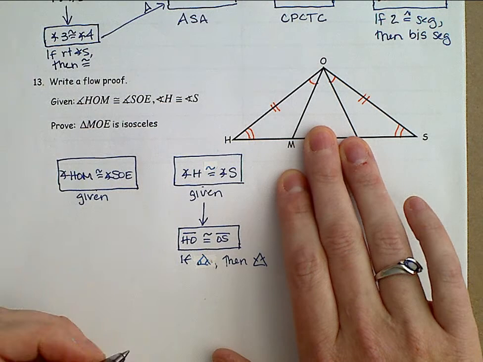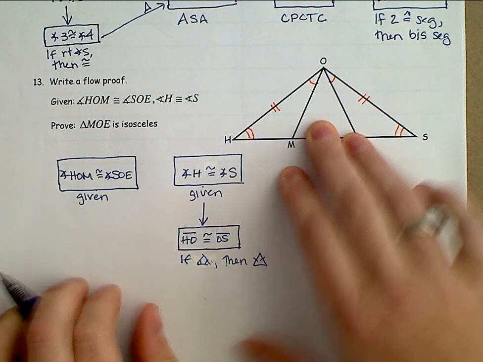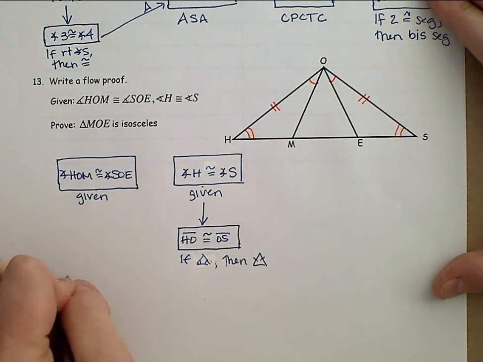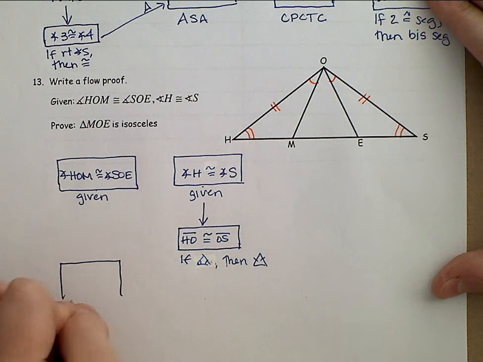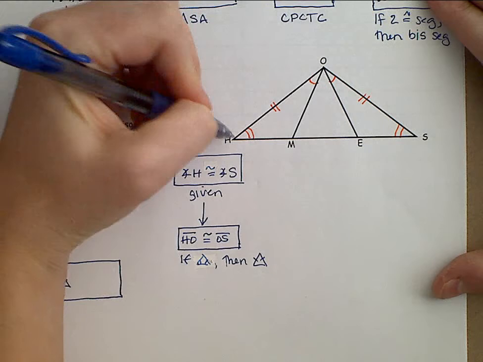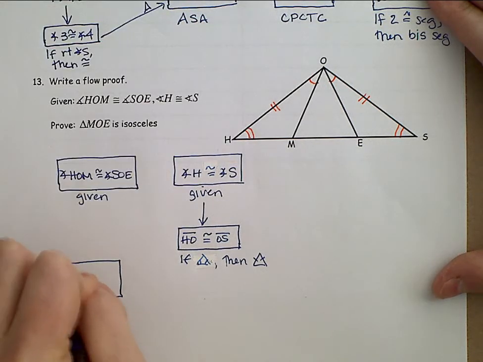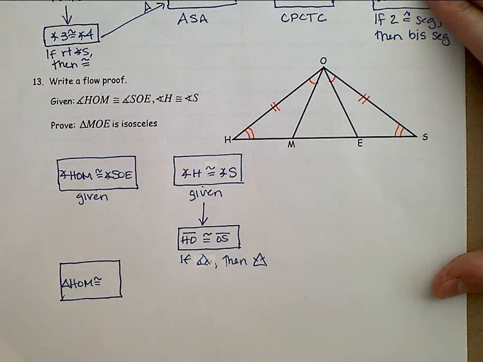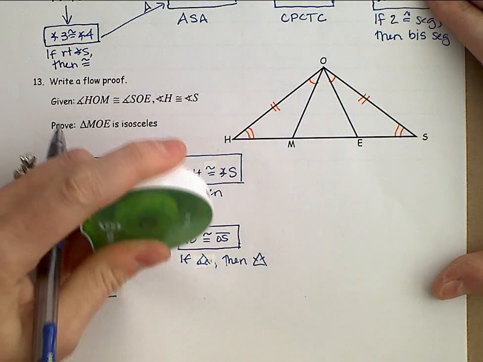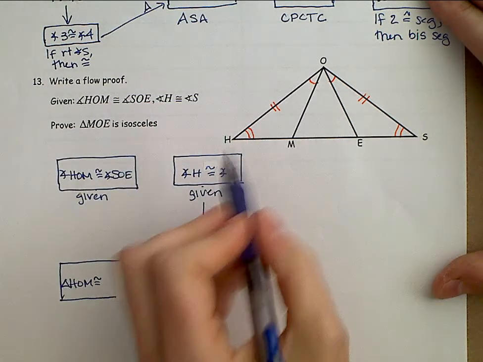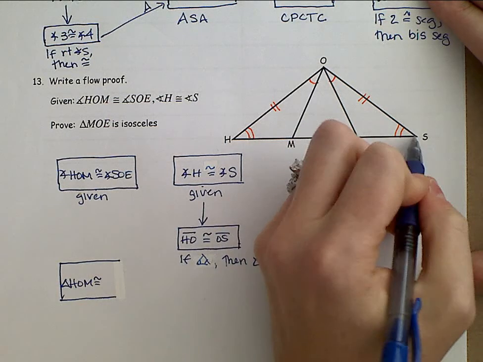So let's use these three pieces of information, come down here, and say that those two triangles are congruent. So triangle HOM is congruent to triangle SOE.